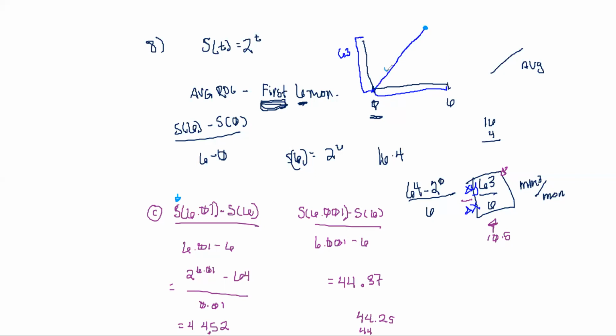This is referring to the slope here being 10.5. And we know that at this point, the slope is much closer to 44. So it's much steeper. So what do you think the rest of this graph would look like then?